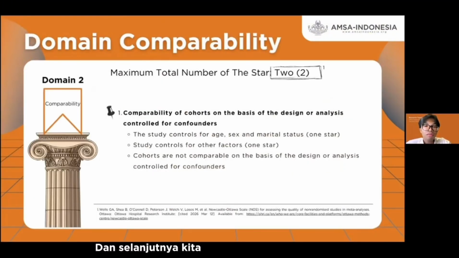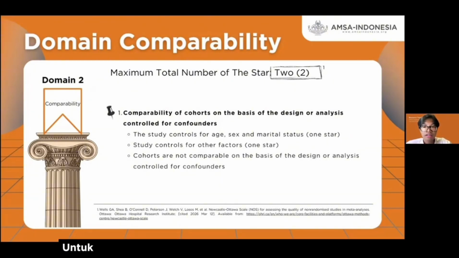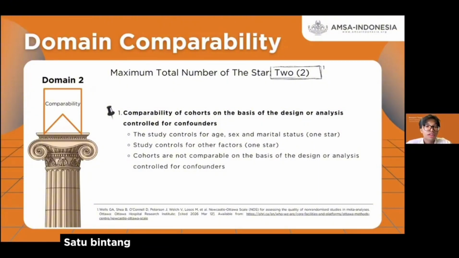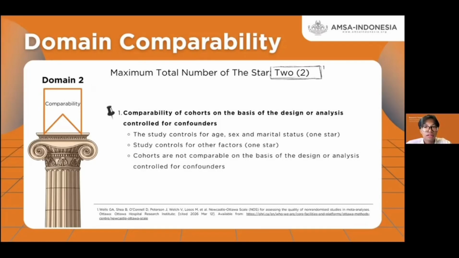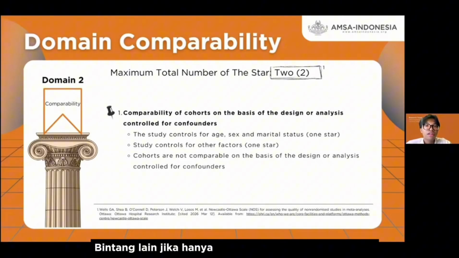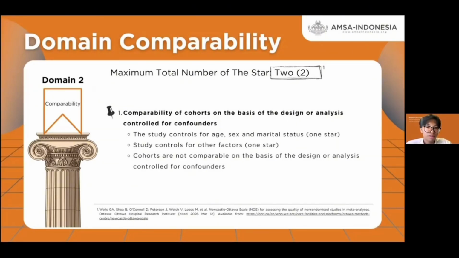And next, we move on to the domain comparability. Up to 2 stars are awarded here for how well the study controlled confounding. 1 star for controlling basic factors like age or sex. Another star if it adjusts for other important variables.